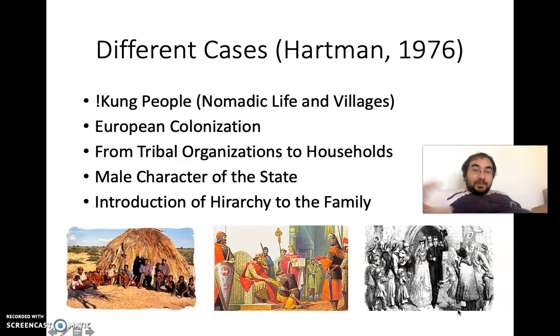Previously, when private and public spheres were integrated in the small society of the Kung people, the type of labor done by the man and woman was not that different. The status created by that work was not different. But as private and public spheres were created, man was more involved with the public sphere, and the traditional division of labor that existed before now forced women to stay more in the private sphere.